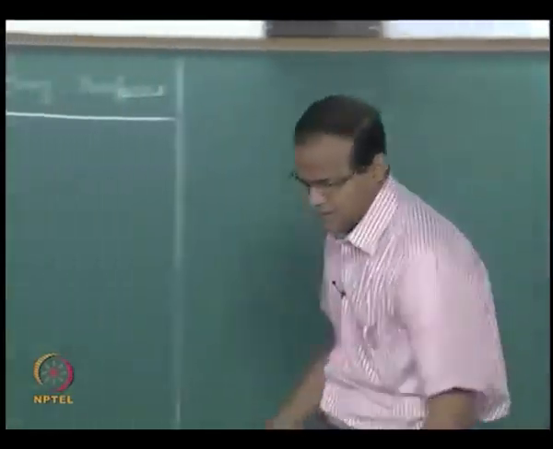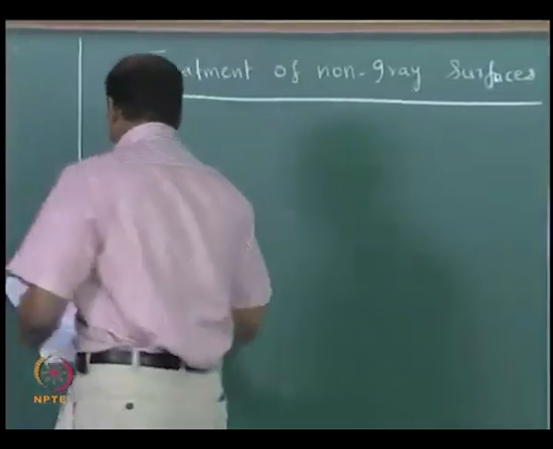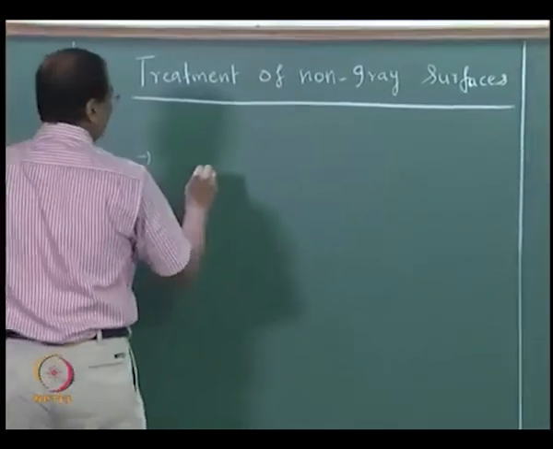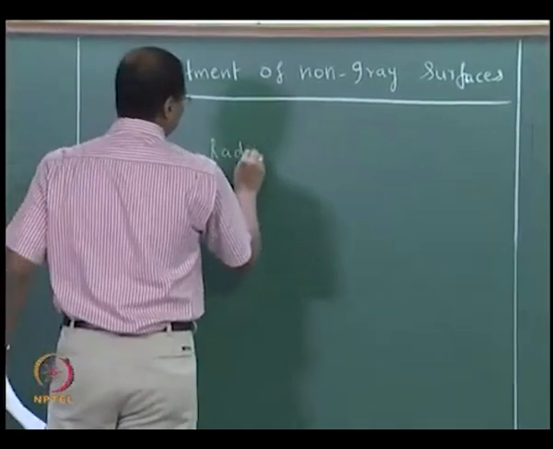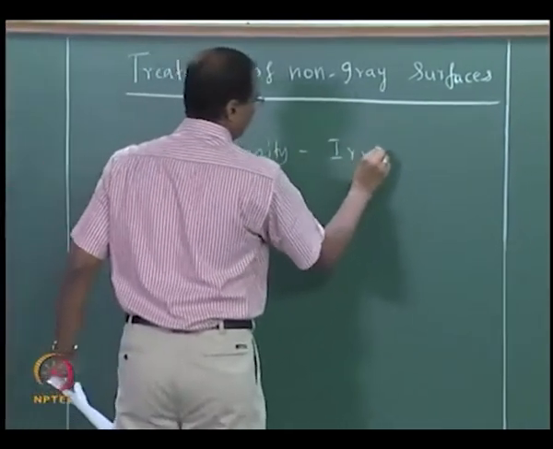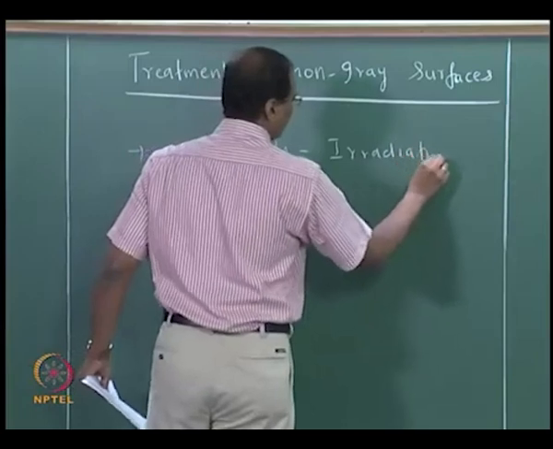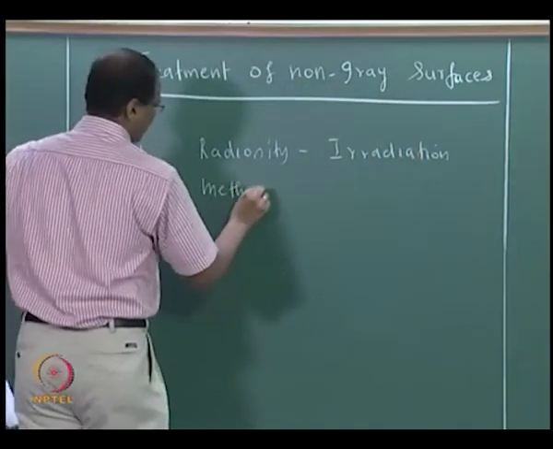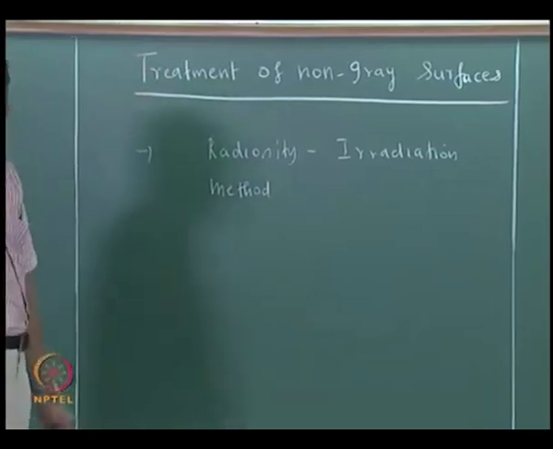There are some approximations, there are some approximate ways of doing this, so we will do this in today's class. So we now look at what is called the radiosity, the radiosity irradiation method needs to be modified.